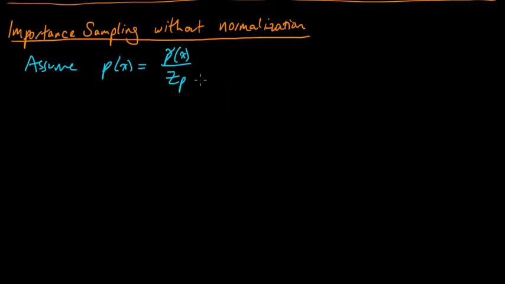This is the normalizing constant. And the same thing for q of x. So if you happen to not know these normalizing constants, is it still possible to do importance sampling? We're going to take a look at that in this video.